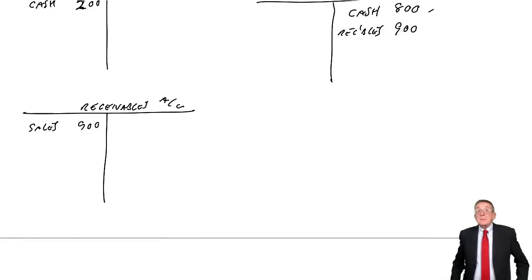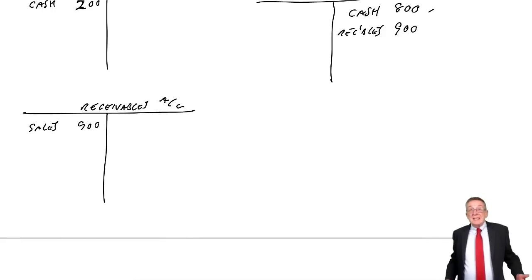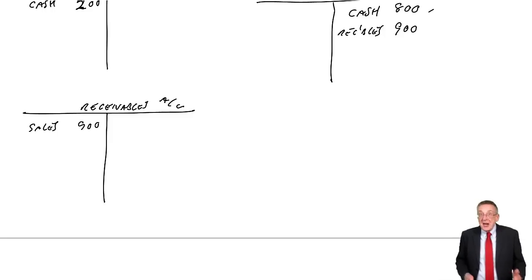And receivables, again, we used to call debtors, which was lovely. They were on the debit side. They owed us money. They were a debtor. Well, fine, we do debit, but we don't call it debtors anymore. We call it receivables.